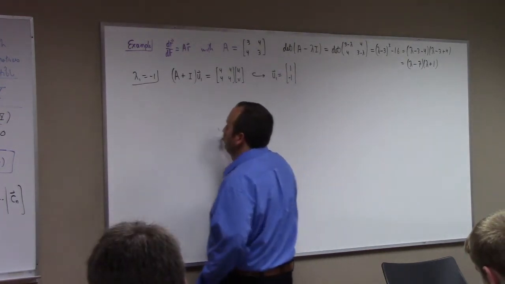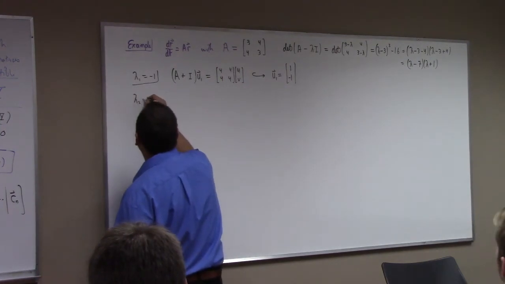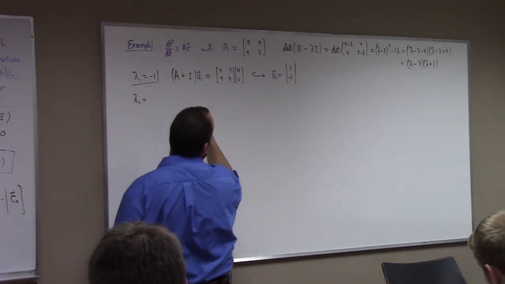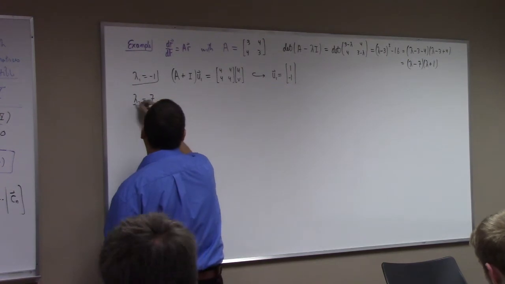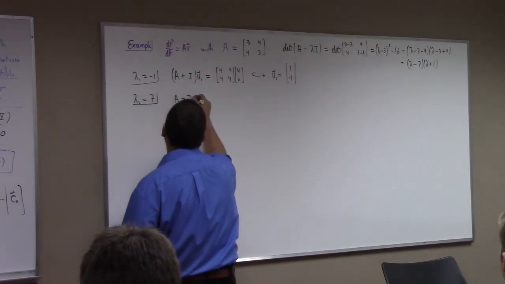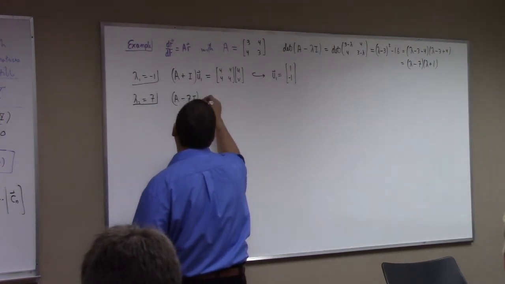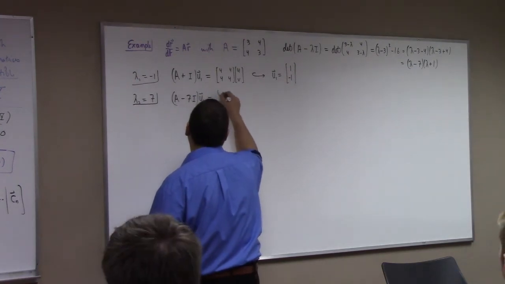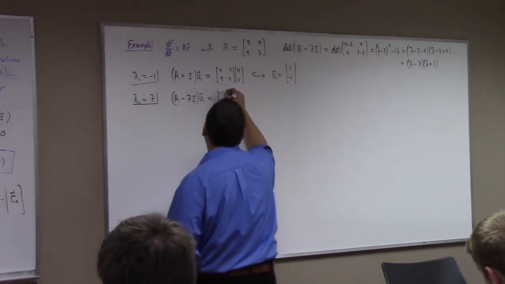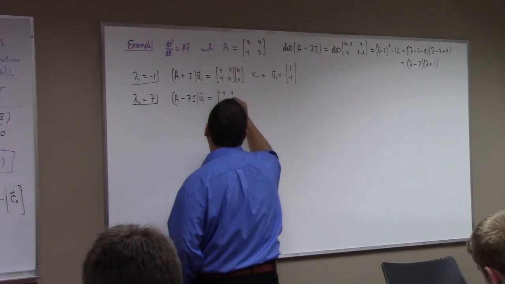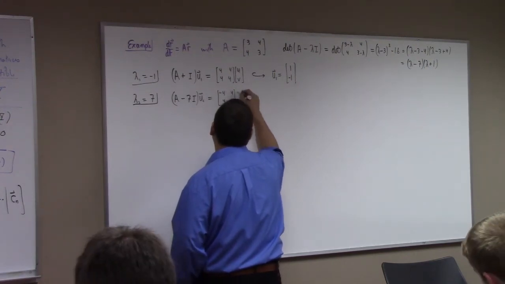Very good. And if we look at lambda 2 equal to 7, we're looking for A minus 7I times u2, which, by the way, is minus 4, 4, 4, minus 4.